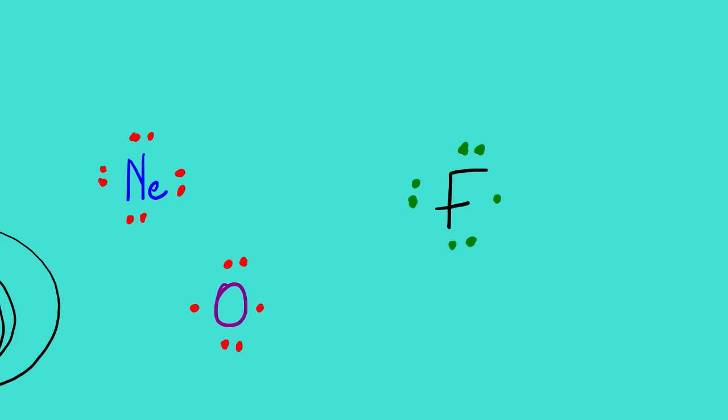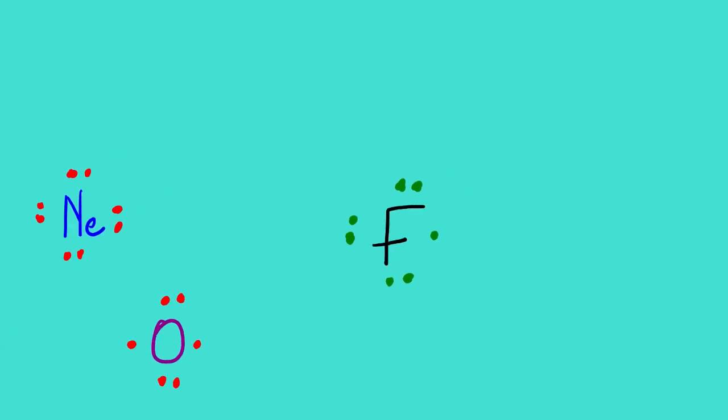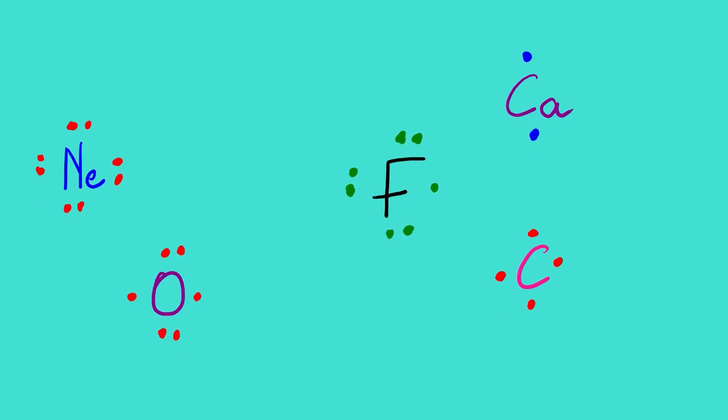Calcium is in group number 2, so it will have 2 electrons. Carbon is in group number 4, so it will have 4 electrons. So these are the Lewis dot diagrams for elements.